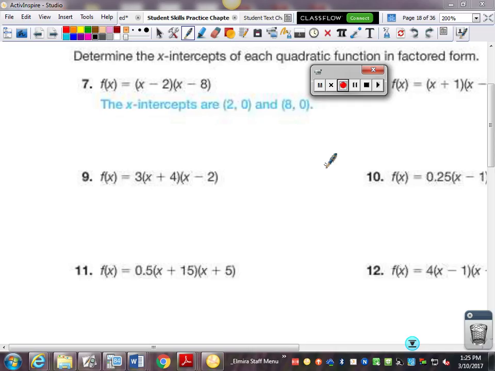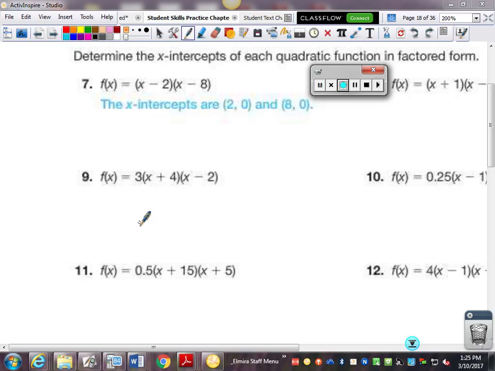In the next section, you're looking at an equation written in factored form, and you're just saying what the intercepts are, the x-intercepts. So you can see this said -2, so it was a +2, and then an x-intercept has a 0, so the y-coordinate's 0. -8, so +8.